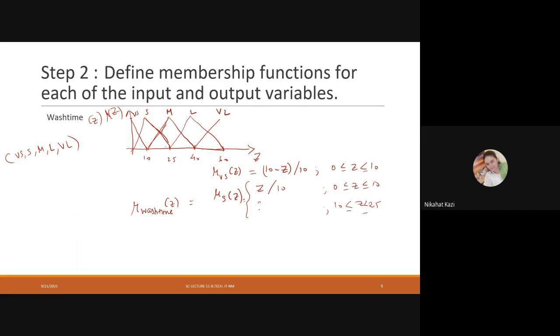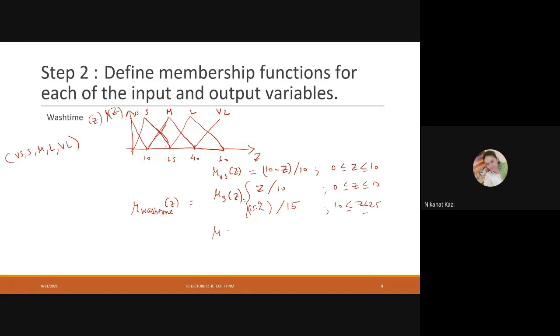You're able to do this mentally as I'm writing, right? It is (25 minus z) divided by (25 minus 10), that is 15, right?